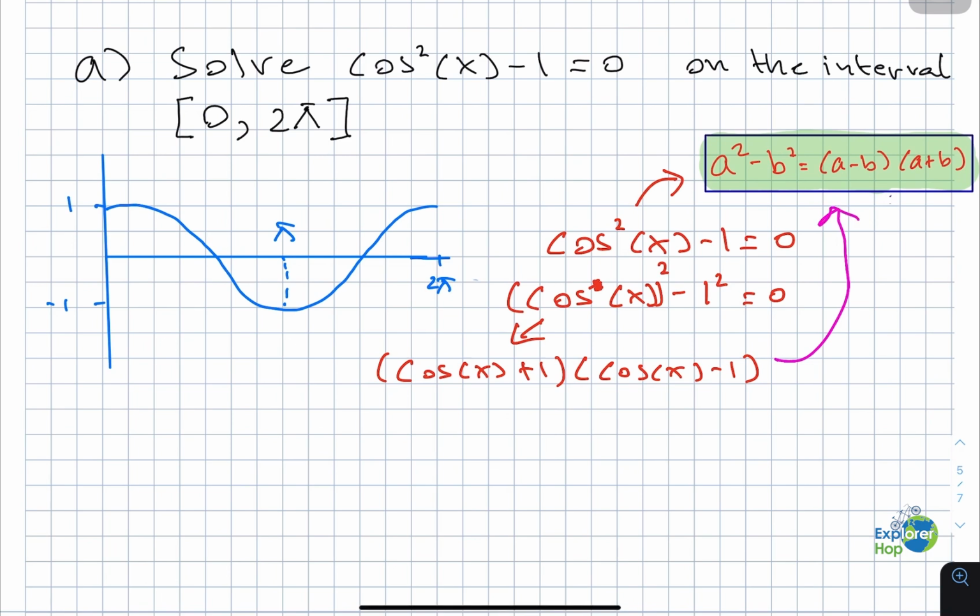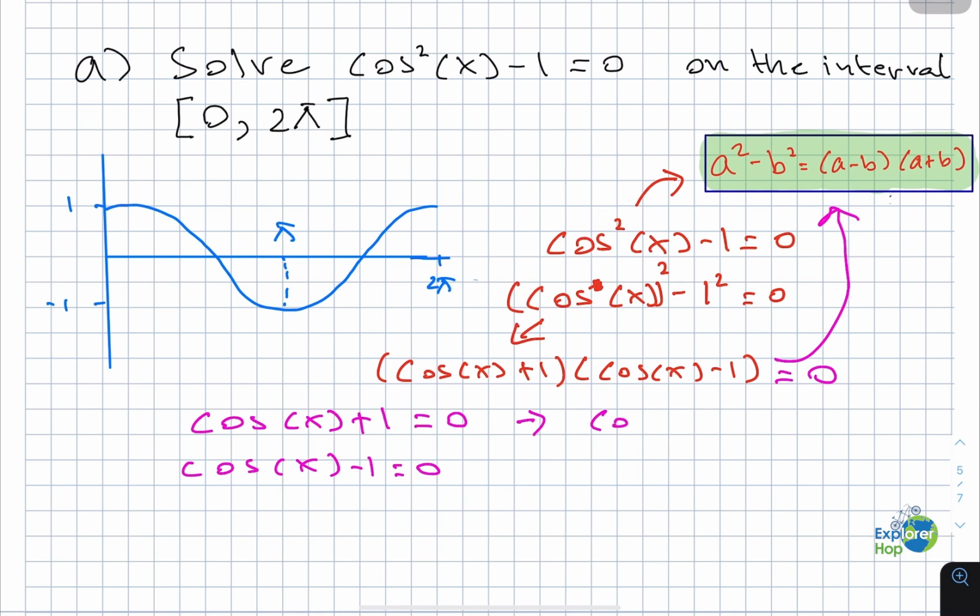Now that we have that, we can simply solve this. This becomes cos of x plus 1 equals 0 and cos of x minus 1 equals 0. Therefore, we get cos of x equals minus 1 and cos of x equals plus 1.